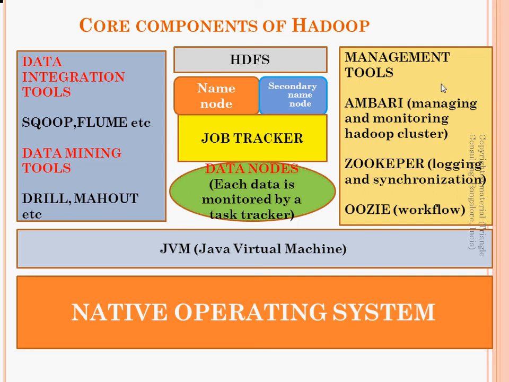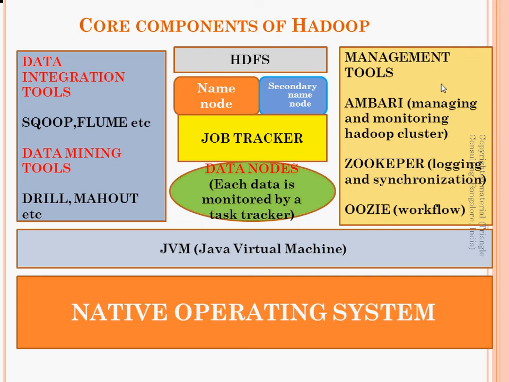So there are different tools: Ambari is one of the tools for managing and monitoring the Hadoop cluster. Zookeeper is another tool which helps in managing and monitoring; its basic functionality is to ensure that all of the data nodes are synchronized in terms of clock synchronization. And Oozie is a workflow manager.